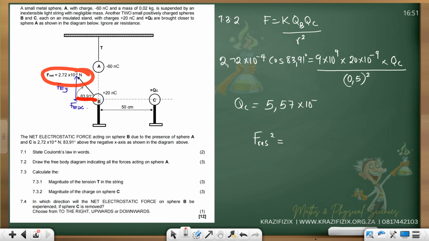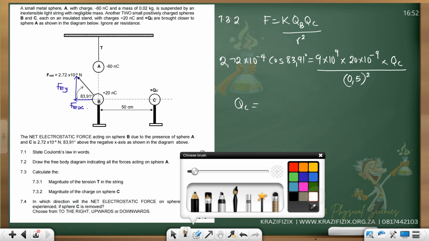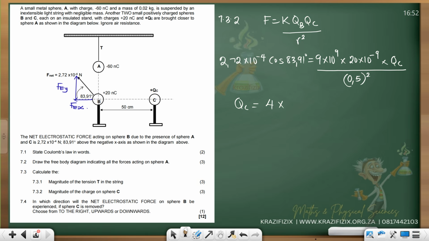So now I have this, because I've converted this to that. And we know that this force exerted on this force would be the same, and that is the electrostatic force there. Oh, okay, that makes sense. Yeah. Thank you. Okay, do we agree with the answer? Yeah, 4 times 10 to the power?